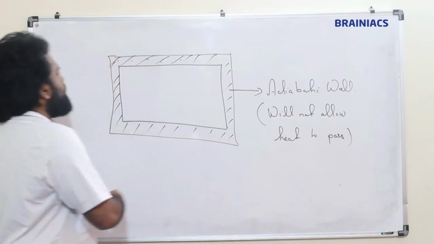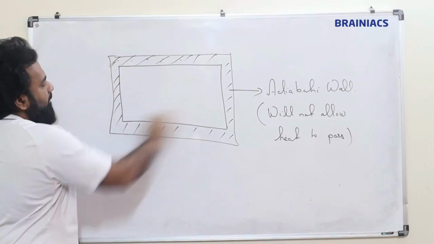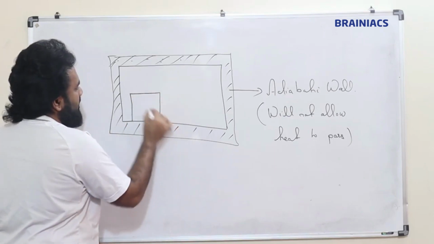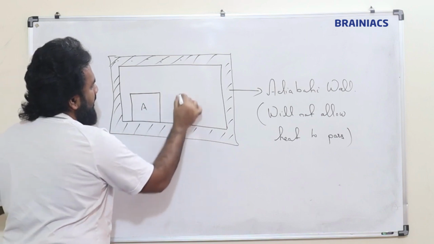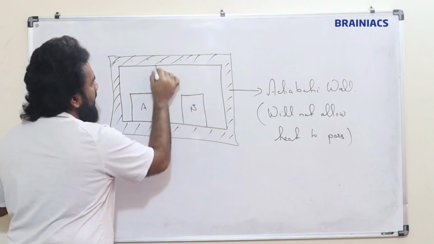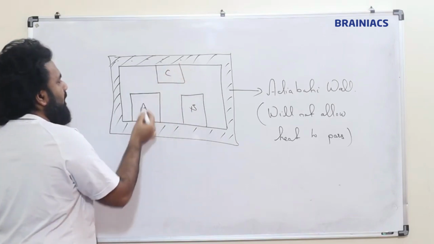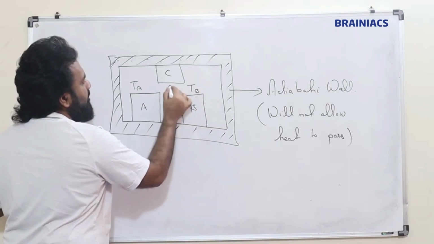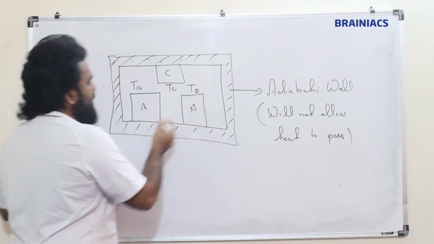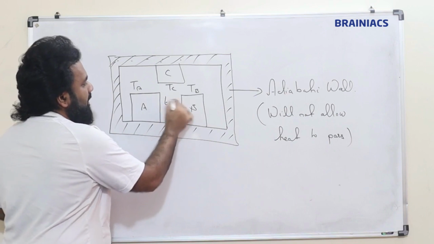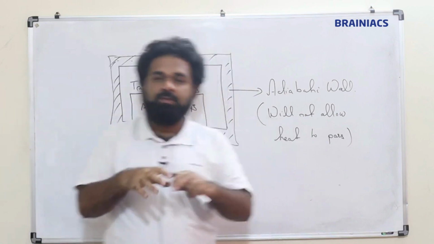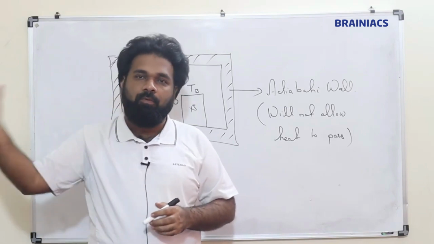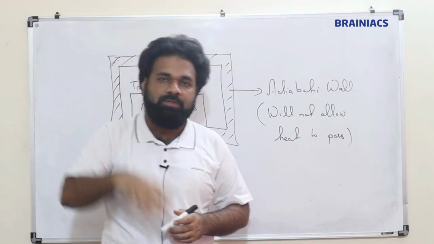Inside, suppose we are putting three bodies: this is body A, this is body B, and this is body C. Their temperatures are TA, TB and TC. This is initially, just after putting them in. Each body is maintained at a certain temperature and put inside, another body at another temperature, likewise.